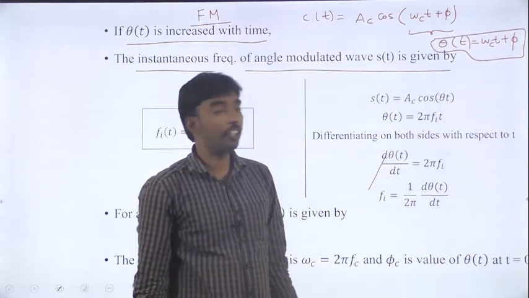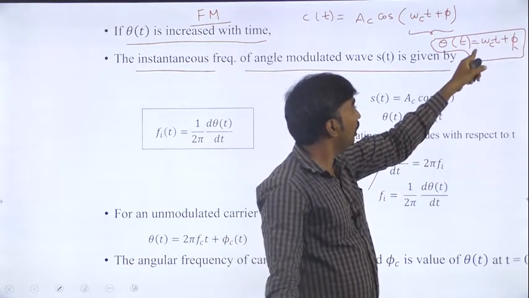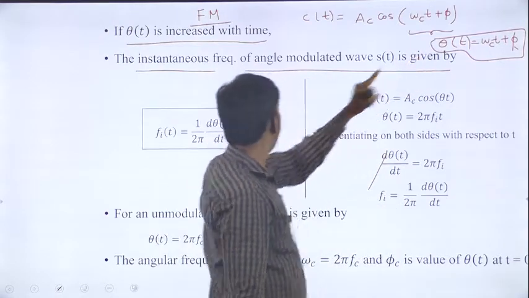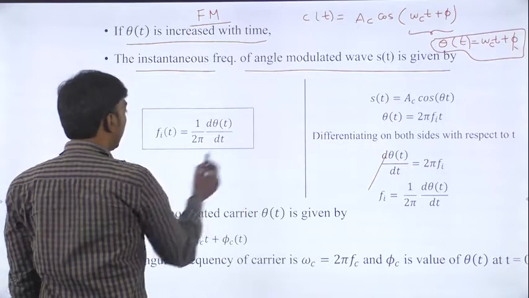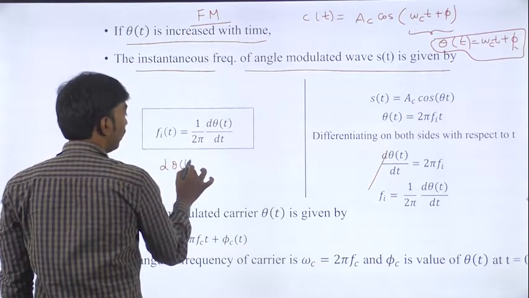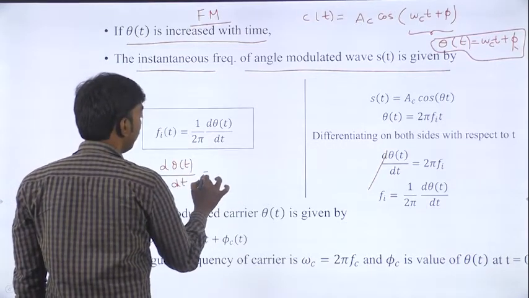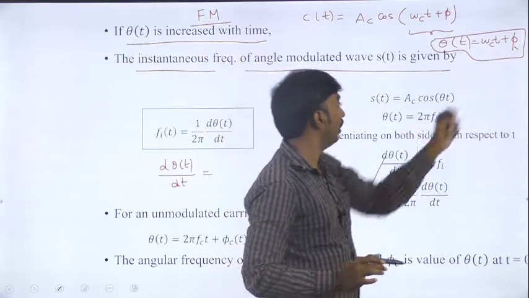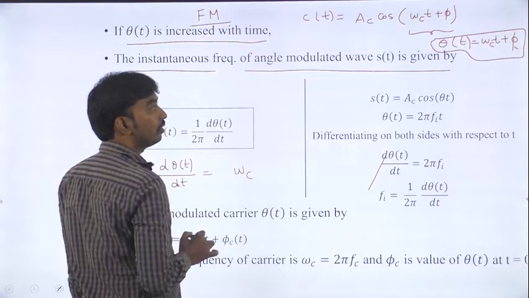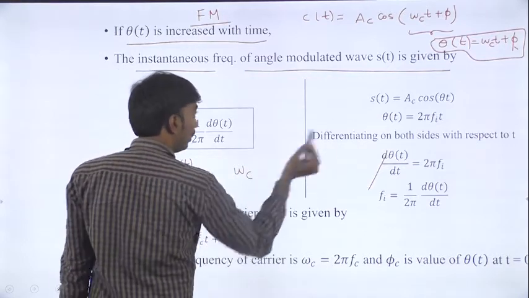By differentiating. If I differentiate, this will vanish and only omega_c will come into picture. Now if I differentiate this, what am I going to get? d theta(t) by dt. I am differentiating with respect to time. If I differentiate, what am I going to get? Only omega_c. Right? Omega_c, and then that will be 0.